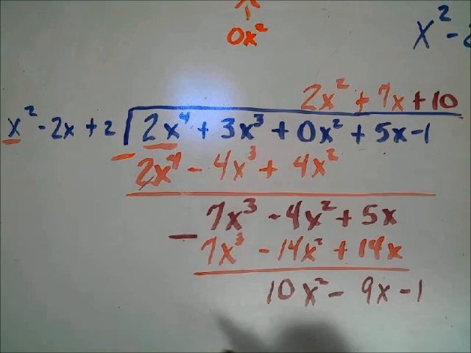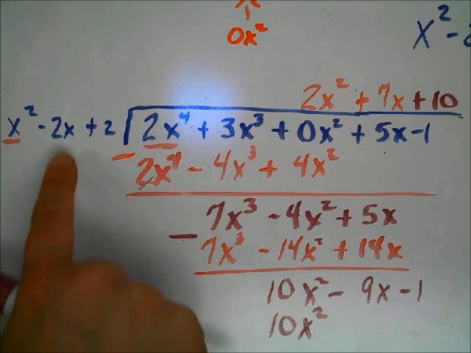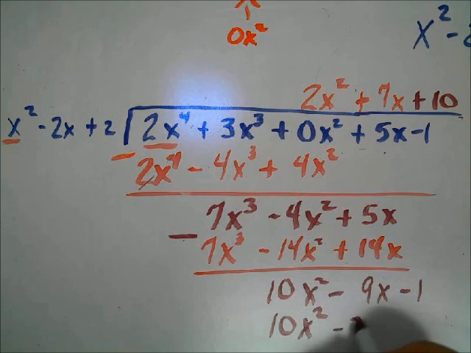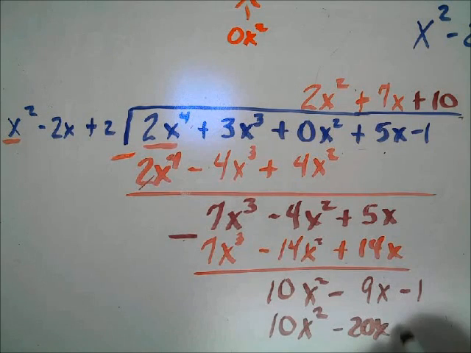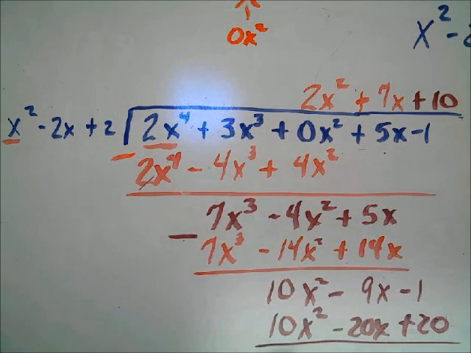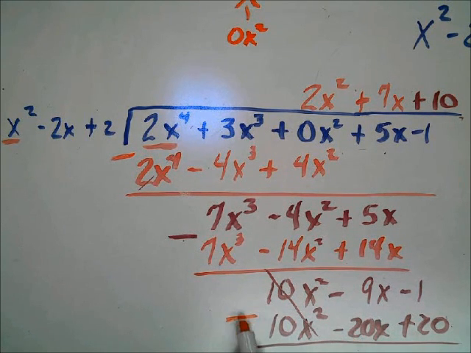And again, don't forget we're subtracting right here. So negative 9x subtract negative 20x becomes plus a positive. So I'm going to get 11x. Negative 1 subtract 20 is negative 21.